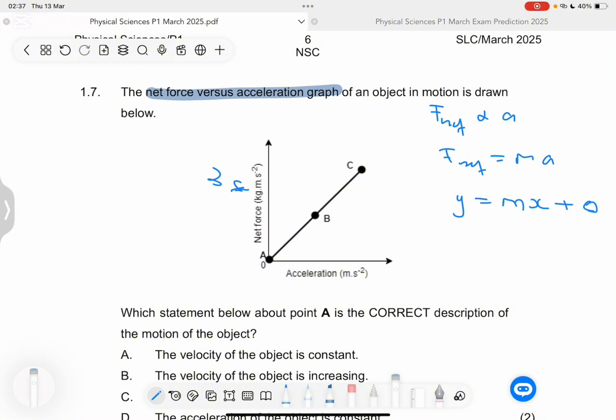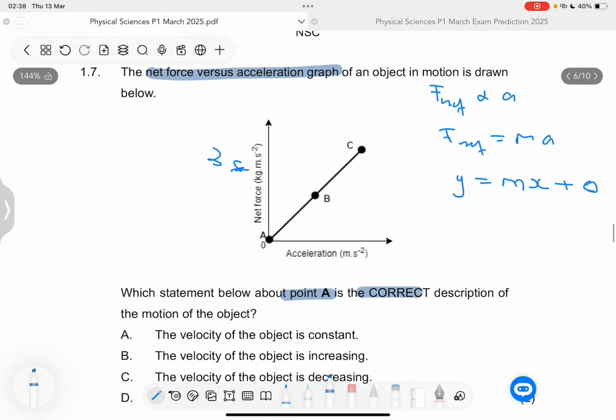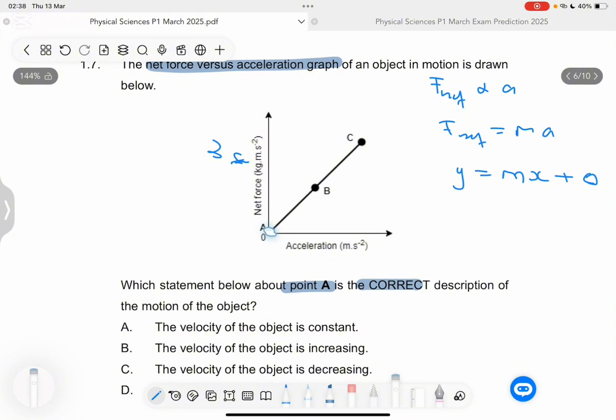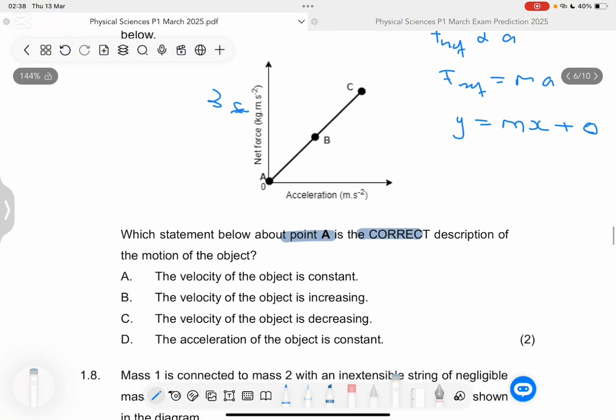Now they say here, which statement below about point A is correct description of the motion. Now if we look at point A, which of these options are correct? One thing that I can tell you before I even read these options is that at A we said that the acceleration is 0. Now, when the acceleration is 0, it means we are in equilibrium. Remember, equilibrium is when the acceleration and the net force are 0.